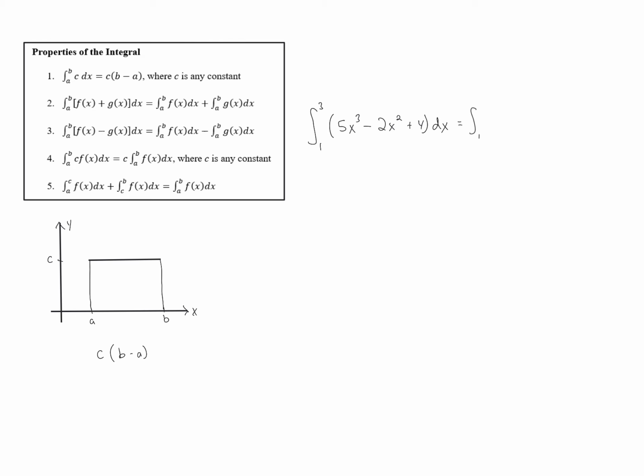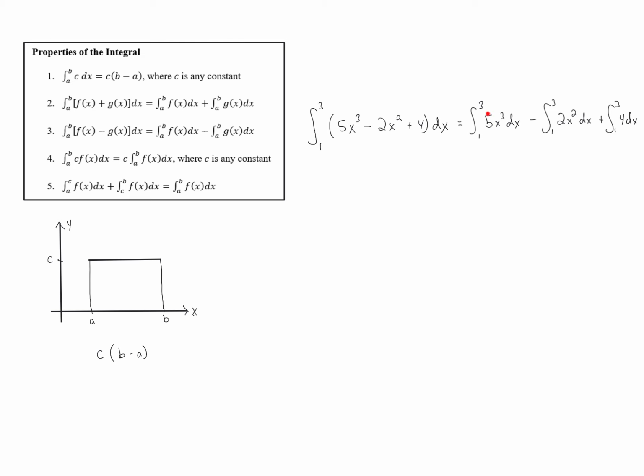So we can write this as the integral from 1 to 3 of 5x cubed dx, and then minus the integral from 1 to 3 of 2x squared dx, and then plus the integral from 1 to 3 of 4 dx. We can integrate each of the terms separately, which is probably going to be easier.